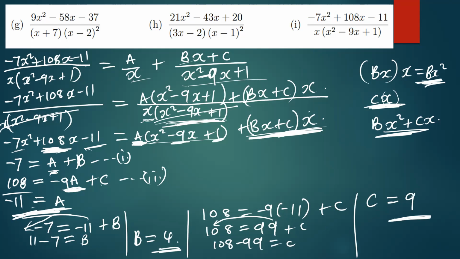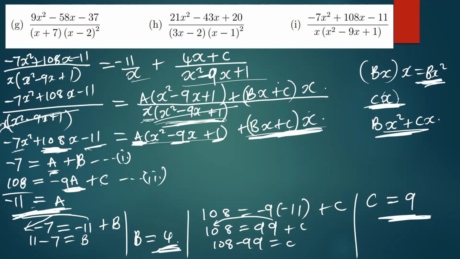To write your final answer, you just have to replace the values there. The value of a is -11, so we put -11 there. The value of b is 4, so we put 4 there. And the value of c is 9, so we put 9 there.